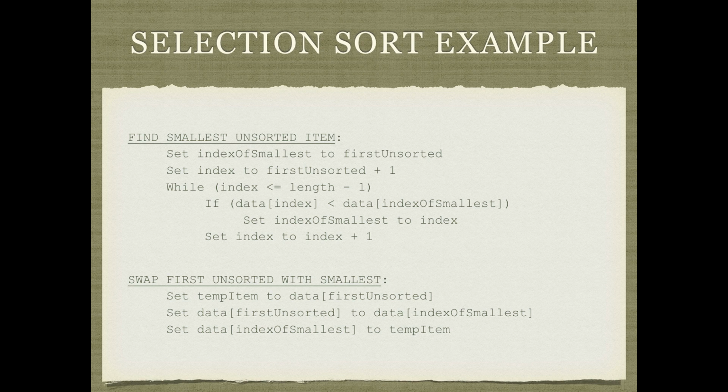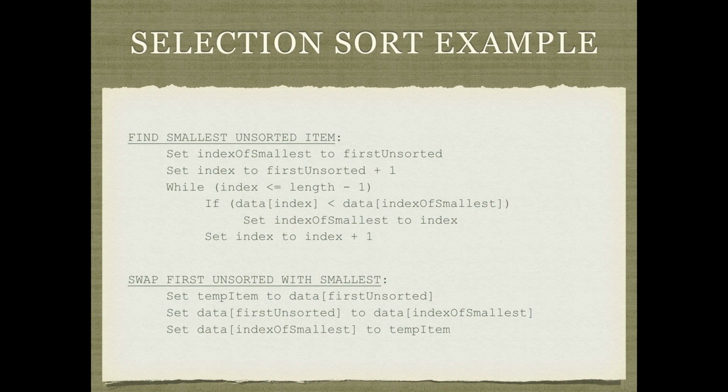So here we have a temp item which holds the value in first unsorted, which at this point in time is 0, so the data in index 0. And then we set the value of index 0 to be whatever data was in index 3. And then from memory, we take whatever data was in temp item and put it in the array at index 3. And now they have swapped values.